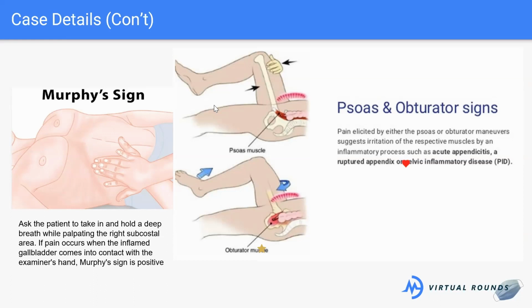So it's more like palpating that area and seeing if you have tenderness in that area versus the obturator sign with moving the leg and irritating that muscle. Great, thanks for bringing that up because there are definitely other classic exams that we can do for appendicitis.